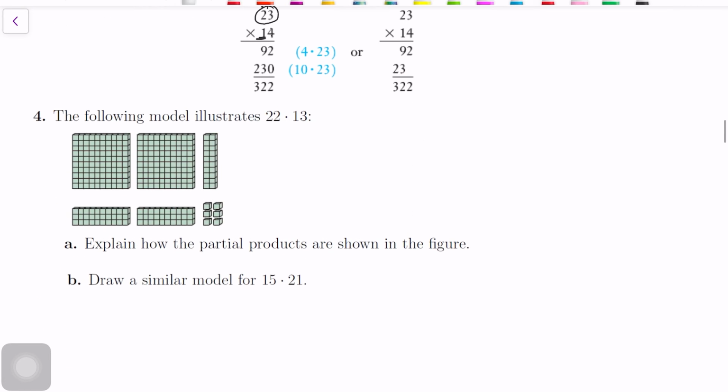Okay, so let's look at the next question to understand the kind of model. The following model illustrates 22 times 13, and explain how the partial products are shown. So basically I'm going to mark on the picture, and then we're going to draw a similar model for 15 times 21.